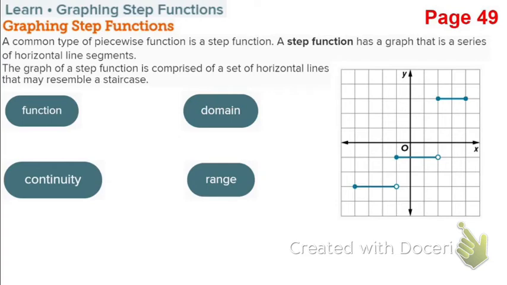Does anybody remember what continuity means? What does it mean for it to be continuous? Never stops, keeps going. I can put my pencil down on the left side of this graph, and I can trace along this graph, and I don't have to pick my pencil up off the page until I run off the graph on the other side.